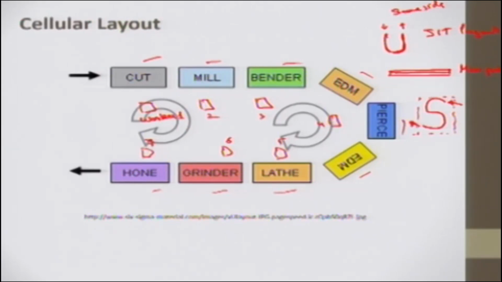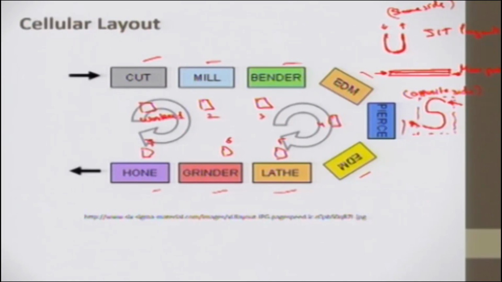Same side, this is opposite side. In this case, the receiving and shipping is on the opposite side, 180 degrees opposite here. So this is the S kind of layout.